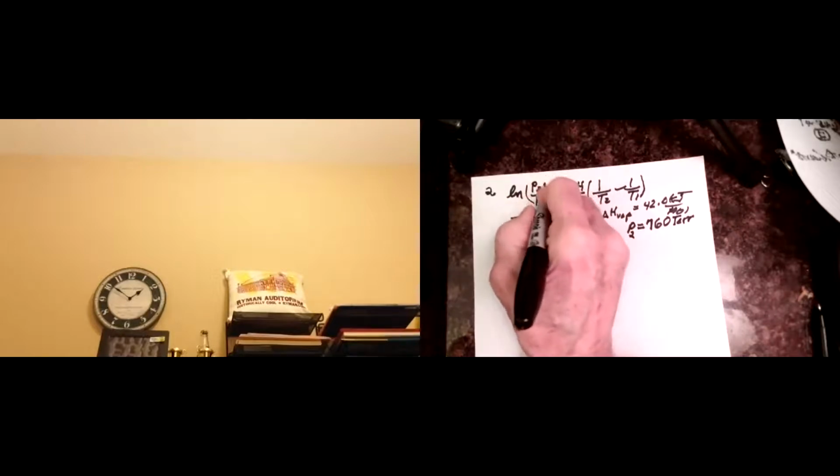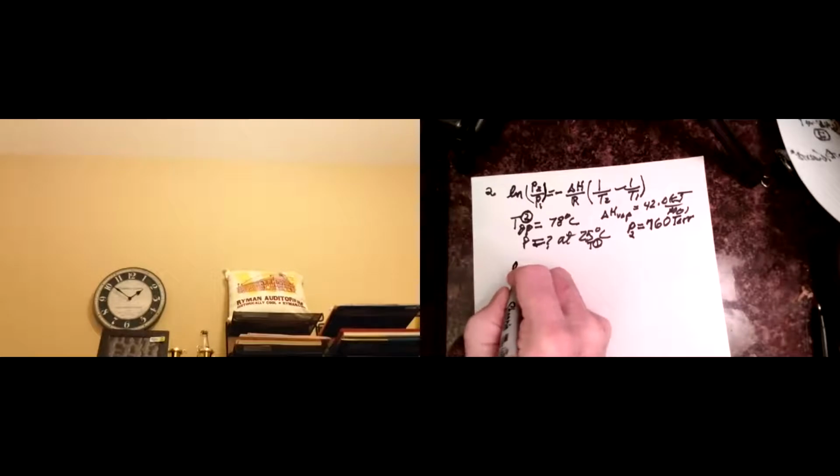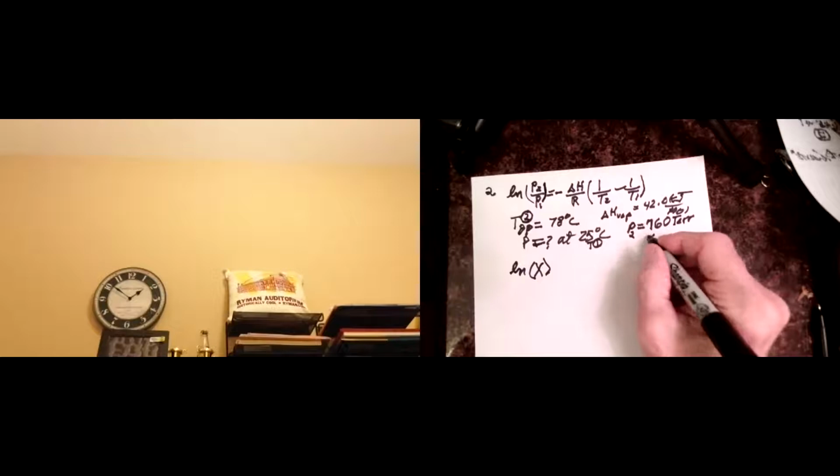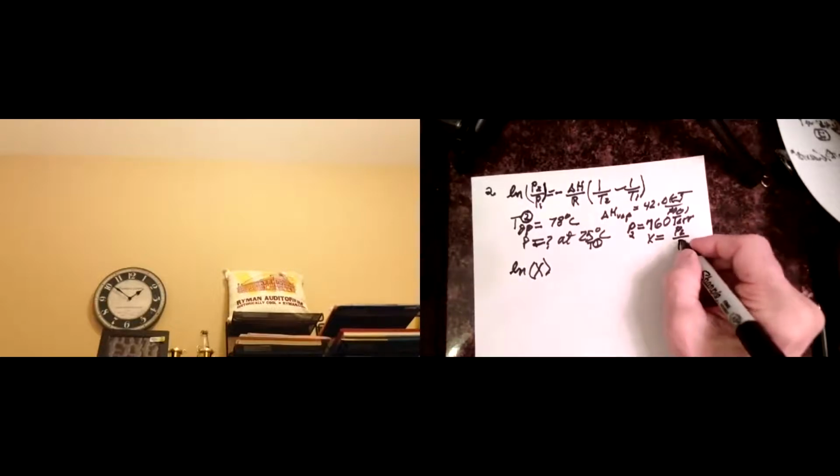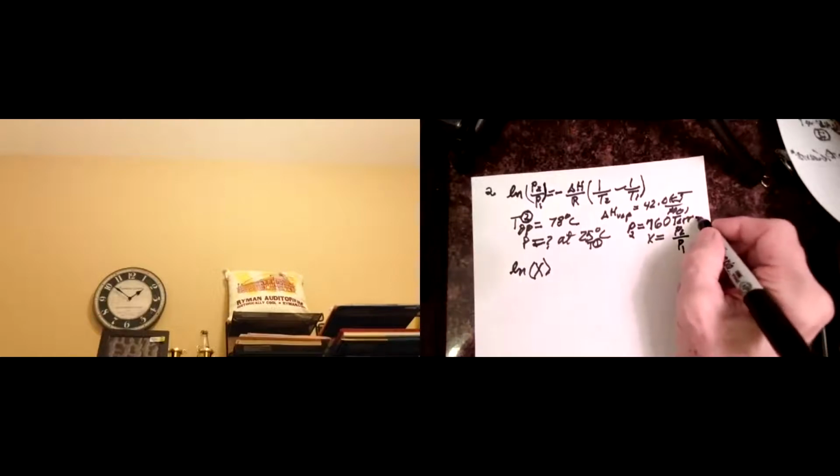So now all we have to do is plug in the data and solve. Since I'm solving for something in this ratio, I'm going to say the ln of x, where x is equal to P2 over P1, and P2 is the 760 torr. Okay, so I'm going to solve for that. That's equal to minus... now, think ahead.